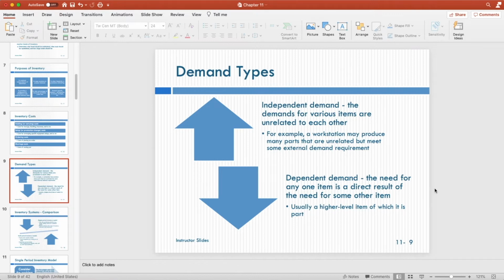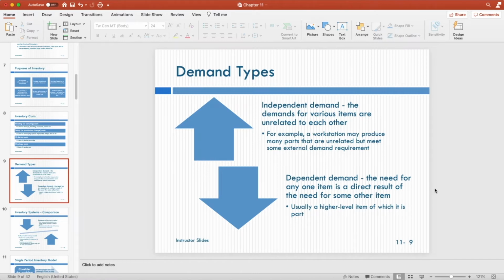Now suppose the customers order, let's say, 20 cars. Then immediately you know how many engines, wheels, and tires you need to produce. How many engines do you need? 20, because every car has one engine.